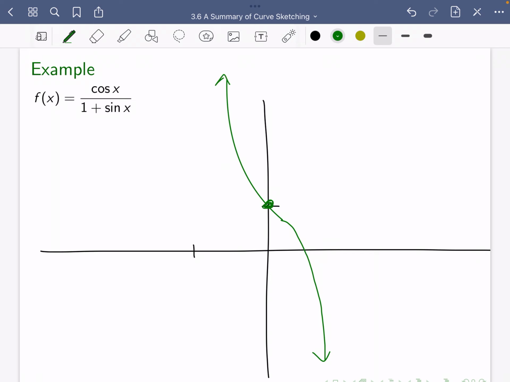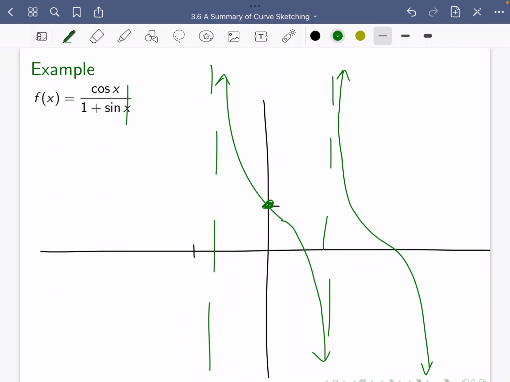Something that does this. So it looks kind of tangent-y, right? Reminds us of a tangent graph, kind of.